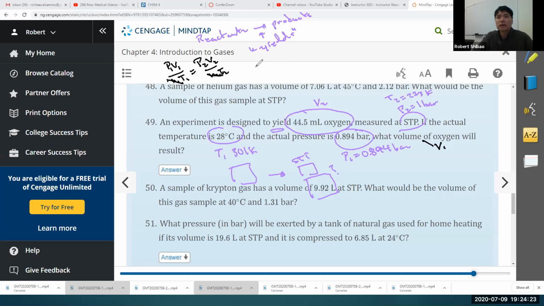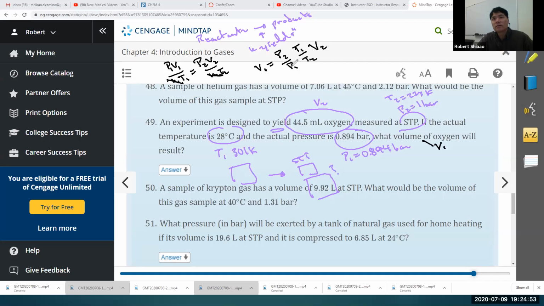So solving for V1: V1 is equal to P2 over P1, we'll move everything to the right, and then it's going to equal T1 over T2 times V2. Sorry. If the pressure goes up, then the volume goes up.